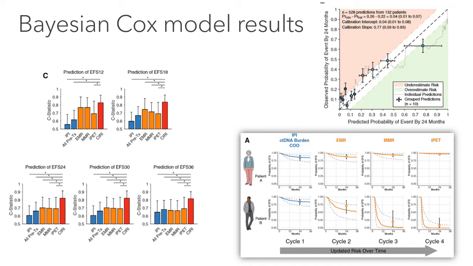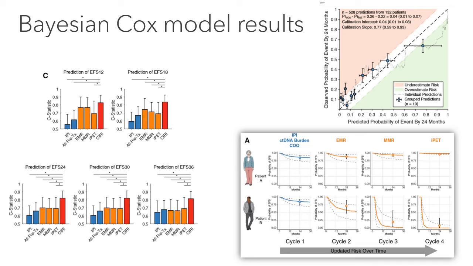Okay, let's see the Bayesian Cox model results. On the upper right of the slide shows this calibration graph like before that I have talked about already.